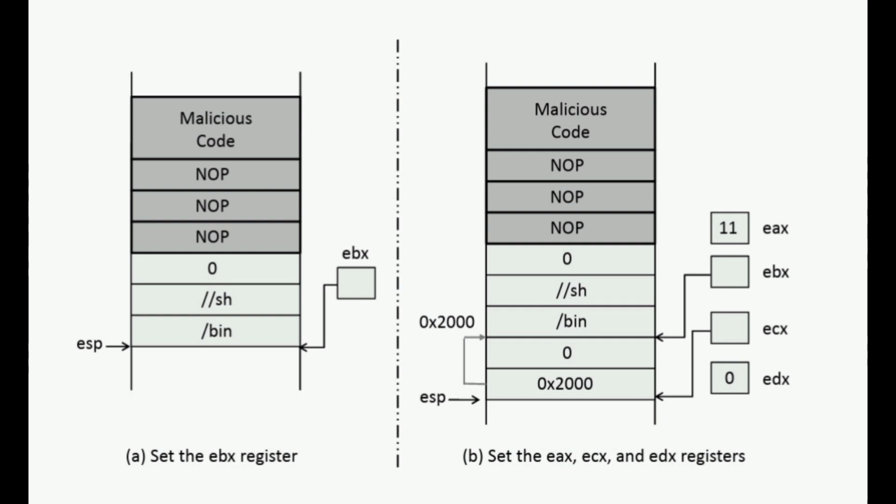This prepares the arguments for executing a shell, as well as figure B represents setting EAX, ECX and also EDX registers. Once these registers are set, executing the system call spawns a shell granting the attacker control over the system.